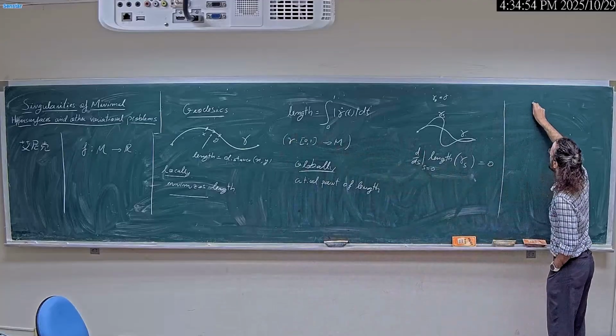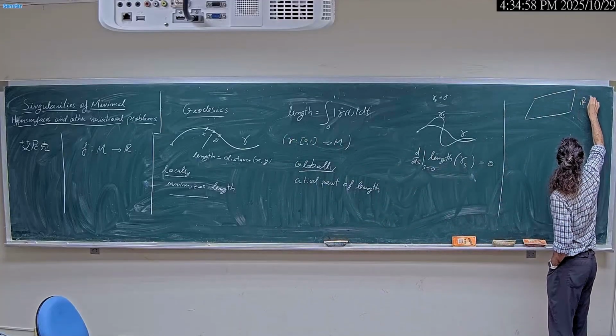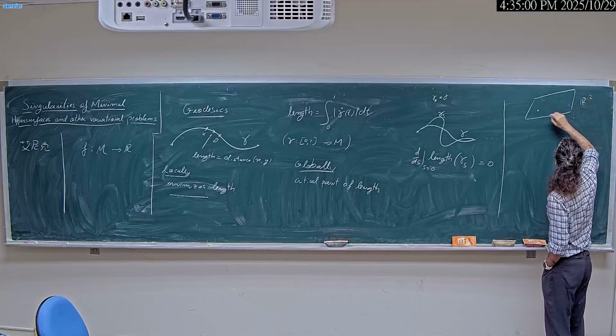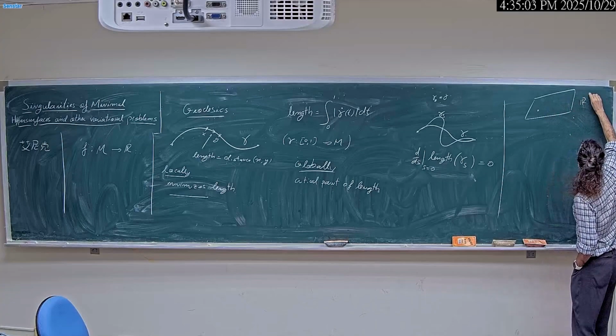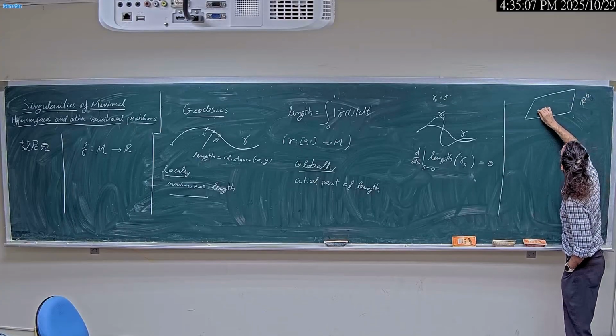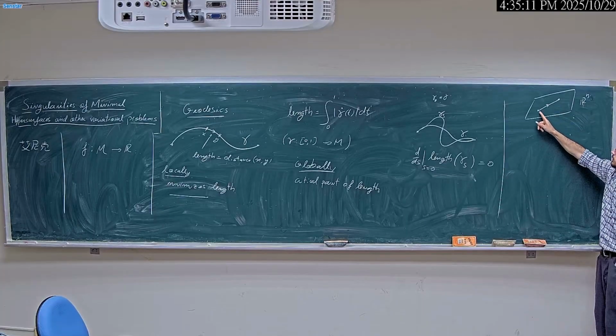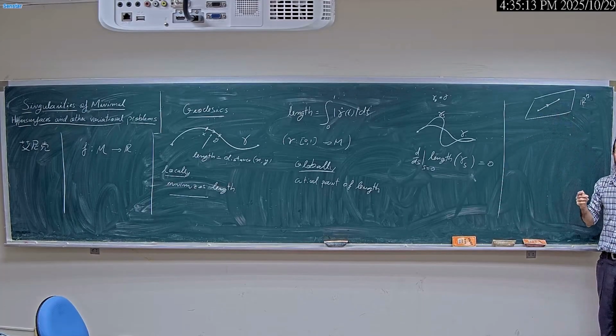So of course, let me give some examples. If you're in a two-dimensional plane, or even Rn, any Euclidean space, the shortest path between 2 points is always a straight line.